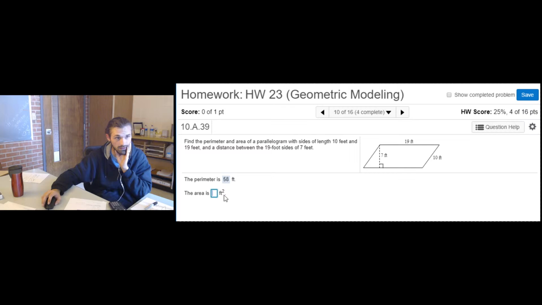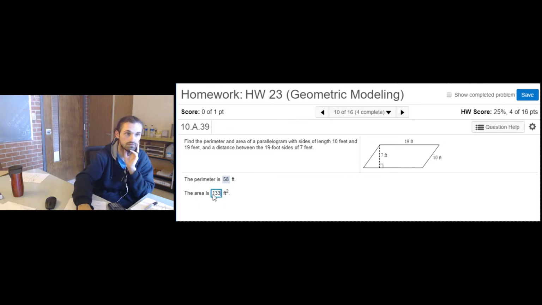The area of a parallelogram, I believe, is the base multiplied by the height, where the base is 19 multiplied by the height. The height is 7 in this case, so 133. I think that's right. I haven't found the area of a parallelogram in a while.